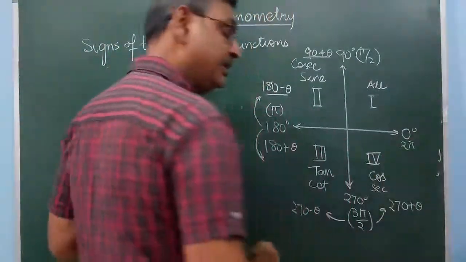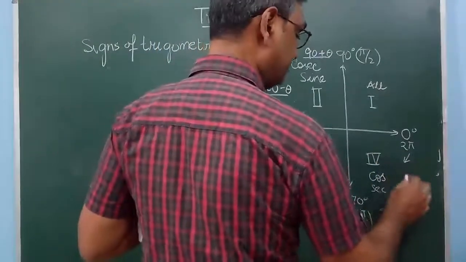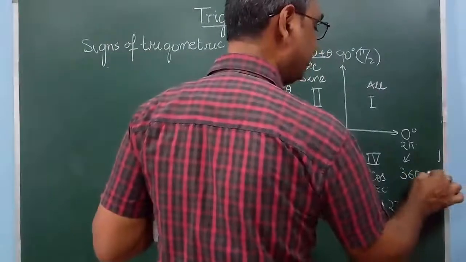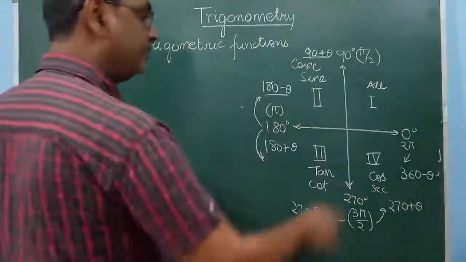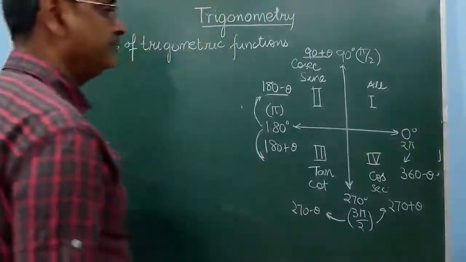So we have to see in which quadrant the angle is lying, and according to that we will put the sign. This is a very important chart, so you have to see it very carefully.